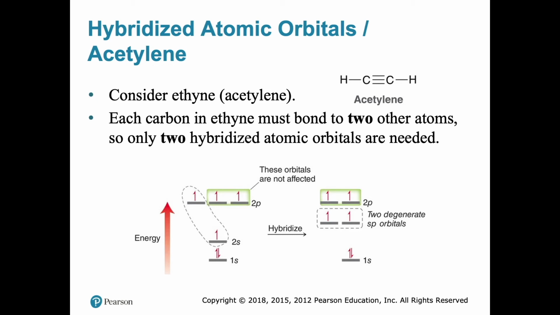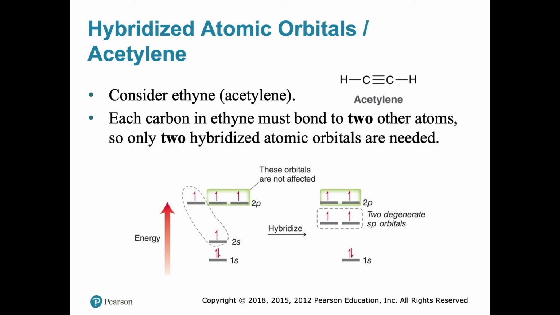So when you look at acetylene, it only has two electron domains, right? So what do you think its hybridization is going to be? If four electron domains gives you sp3, exactly. You get sp, because only one s orbital and one p orbital will hybridize in order to give you the two electron domains.